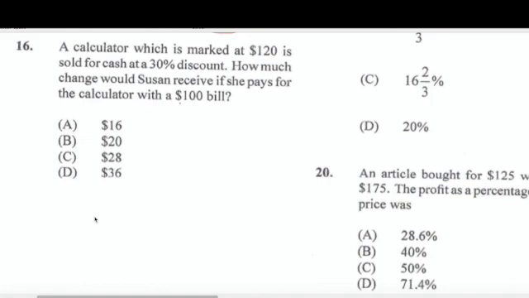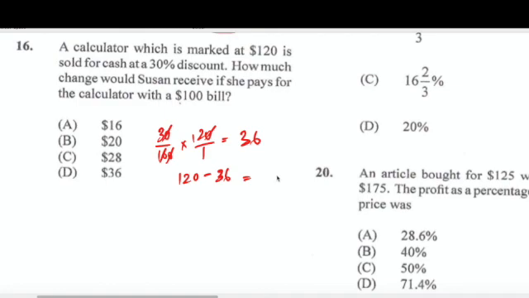Number 16, a calculator which is marked at $120 is sold for cash at 30% discount. How much change would Susan receive if she pays for the calculator with a $100 bill? So 30% of 120 is 36, and so the discount price would be 120 minus the 36.